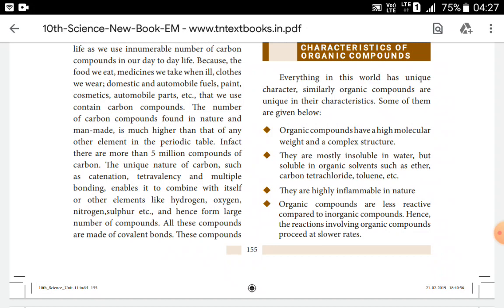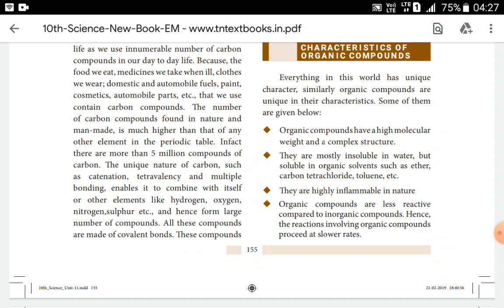Compounds formed by the sharing of electrons are called covalent compounds. And these compounds are called organic compounds, and we are going to study this peculiar carbon compound in this lesson.